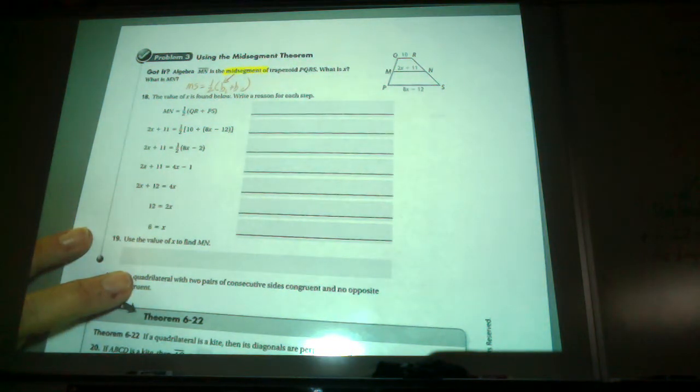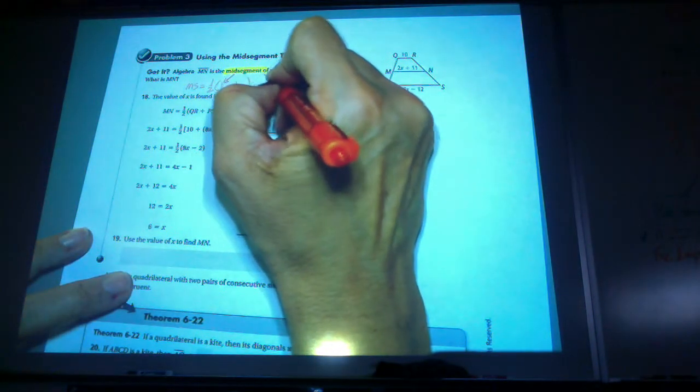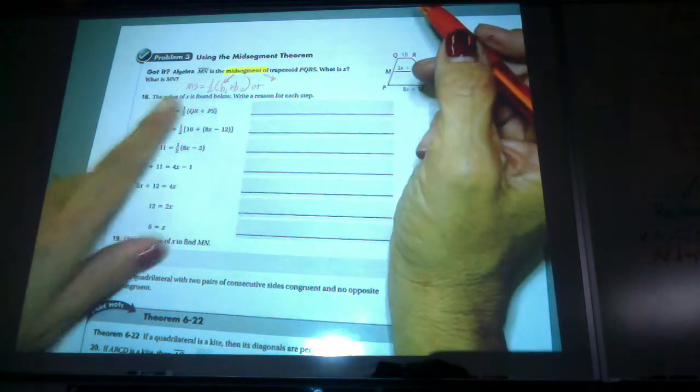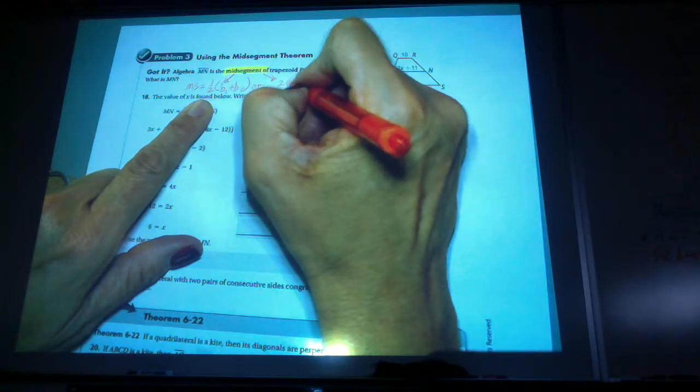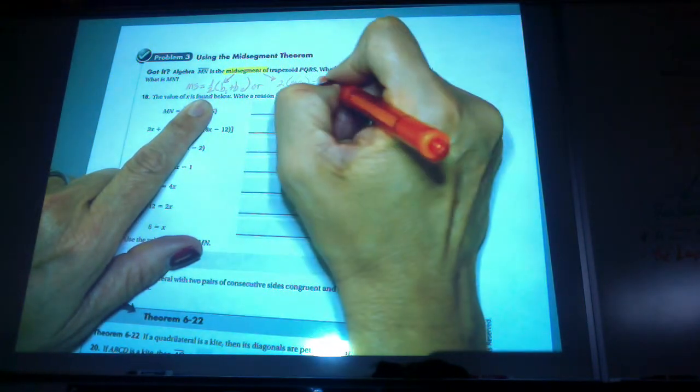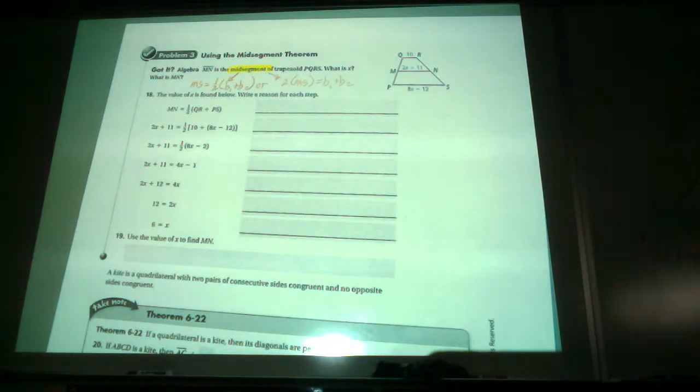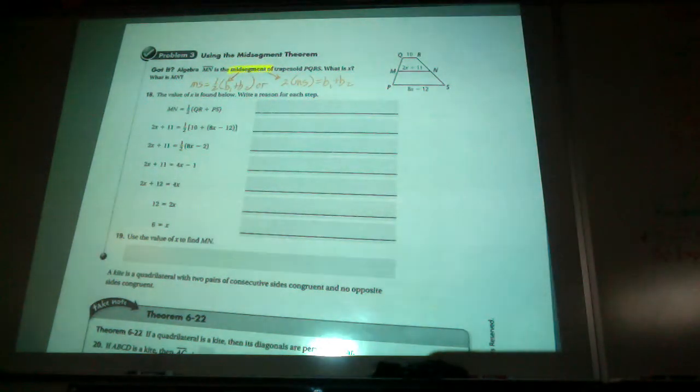So b1 and b2 are going to be the bases. Or, as I said, I like the following formula better. If I multiply both sides by 2, to get rid of that 1/2, I would have 2 times the mid-segment is equal to the sum of the bases. I like the second formula better, personally.